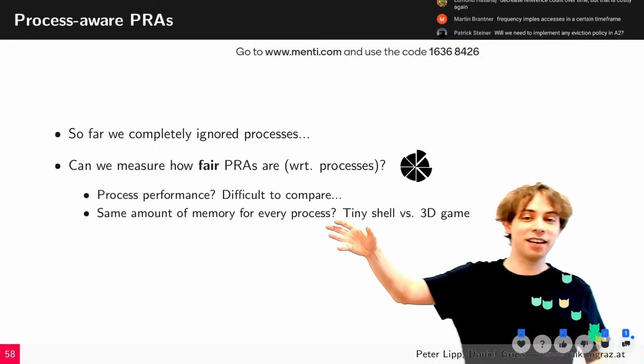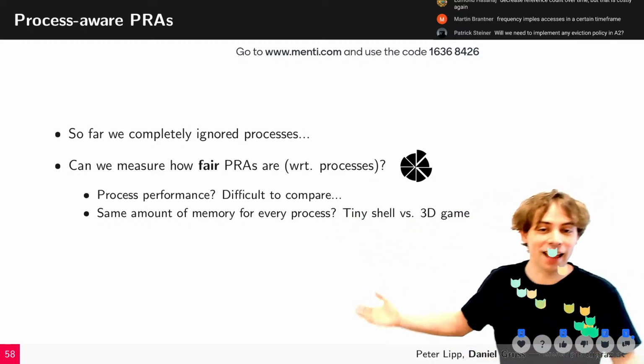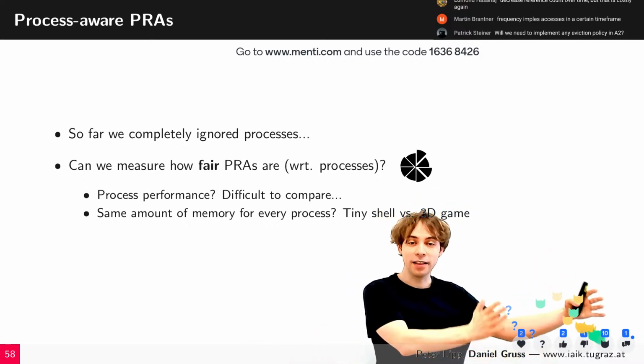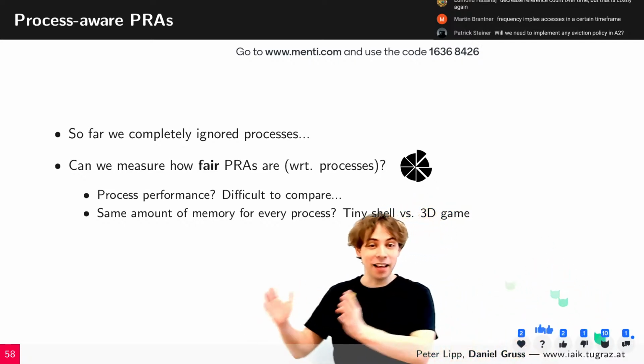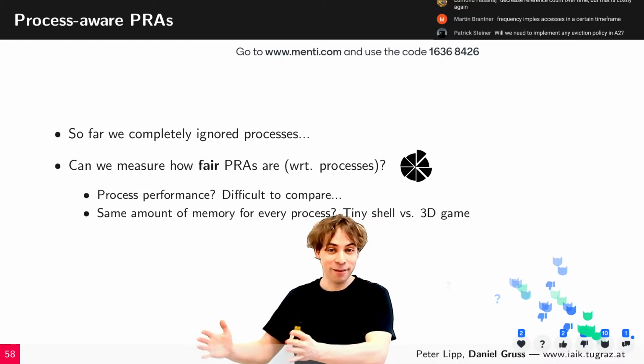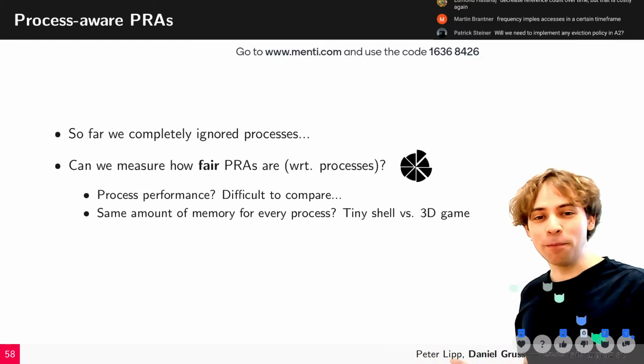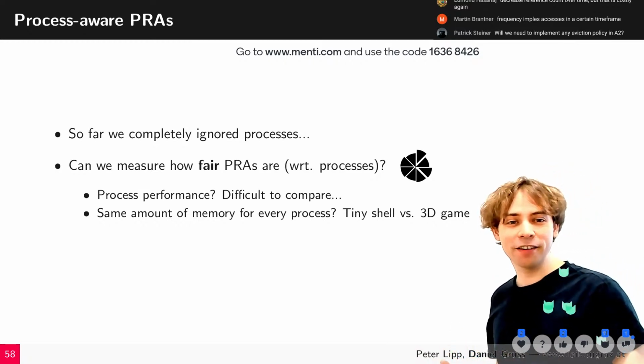Let's imagine again, Tiny Shell versus 3D game, or a calculator versus GTA 5. Are you fine if GTA 5 gets the same amount of memory as your calculator app? Probably not, right? So you want to find a proper way to measure fairness.